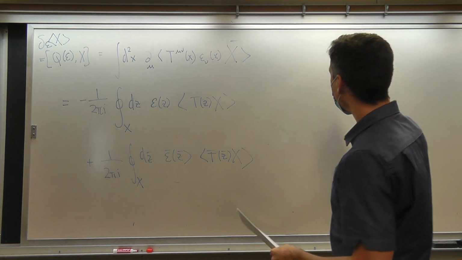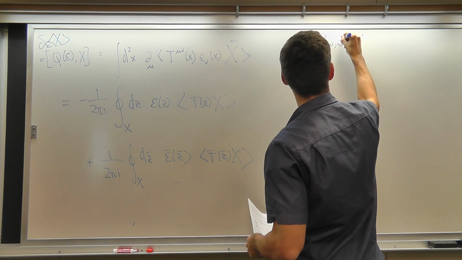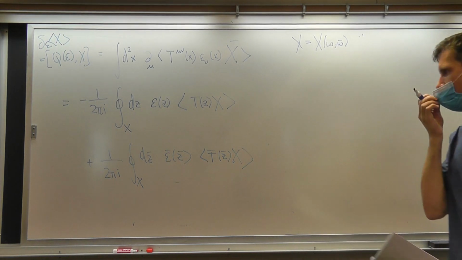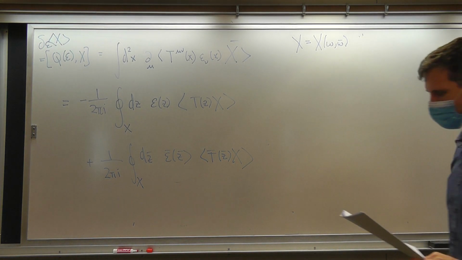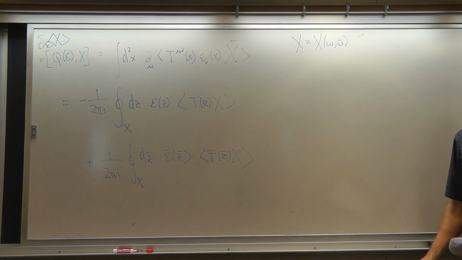If x is a local operator, let's say x is just a local operator inserted at a point w, then we can go one step further and write these integrals as residues.